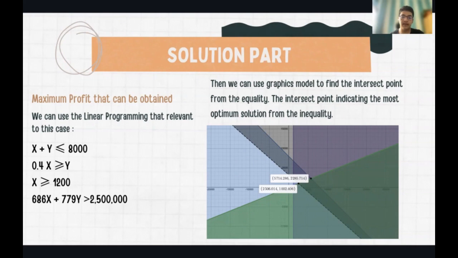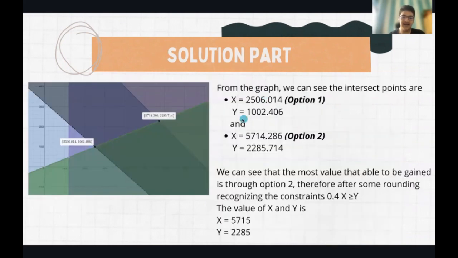From the graph, we obtain two points: this is option 1, and this is option 2. After that, we can see that the most value that can be gained is through option 2.